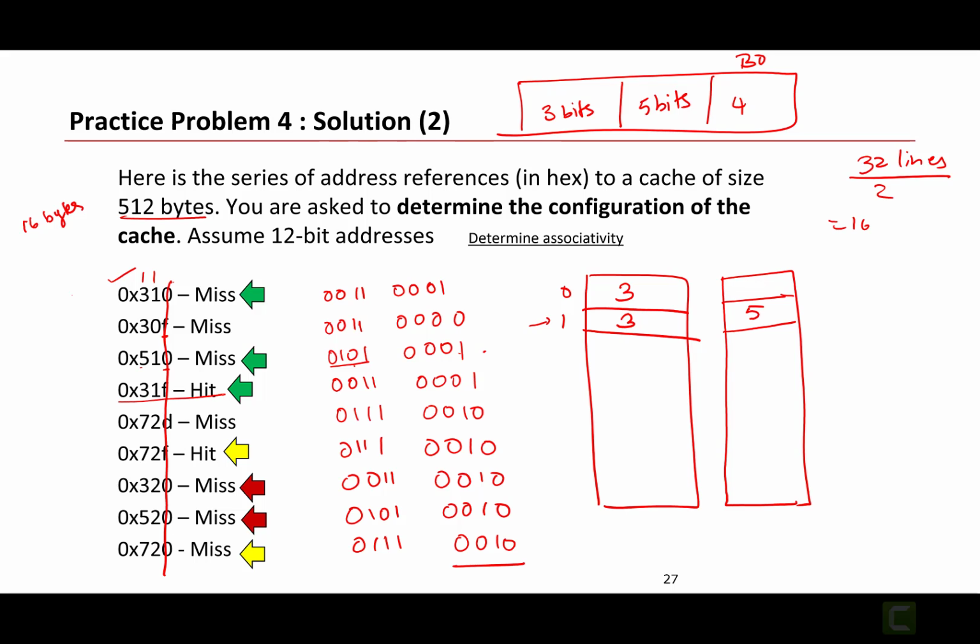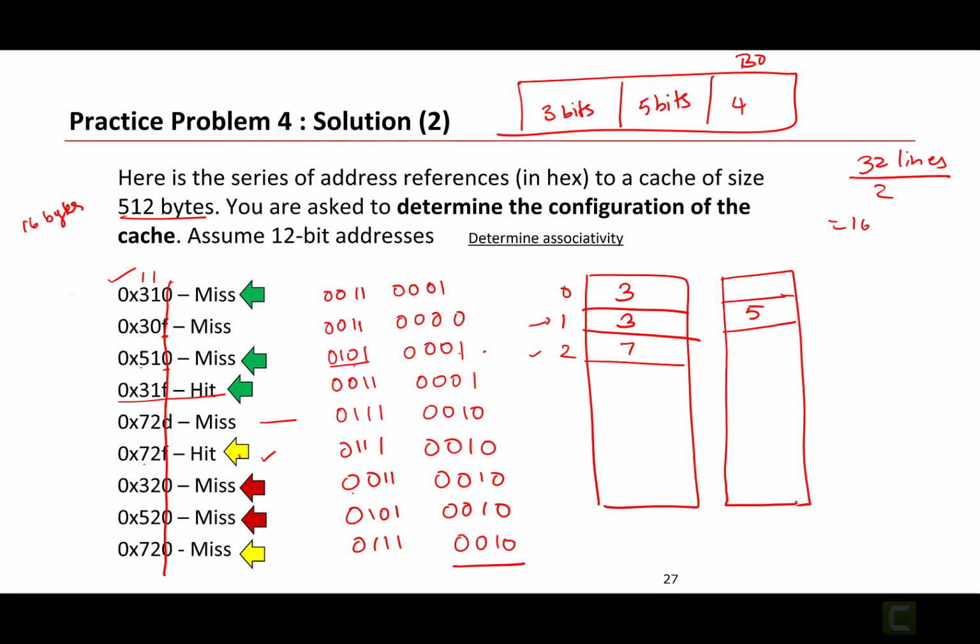And then if I simulate my next address, it will map to the same index, and I will notice that it is actually a cache hit. Great, it's consistent. Now my address 72D will map to index 2 with the tag 7, and then 72F will also map to the same index, same tag, so that will be a hit, and it is consistent.